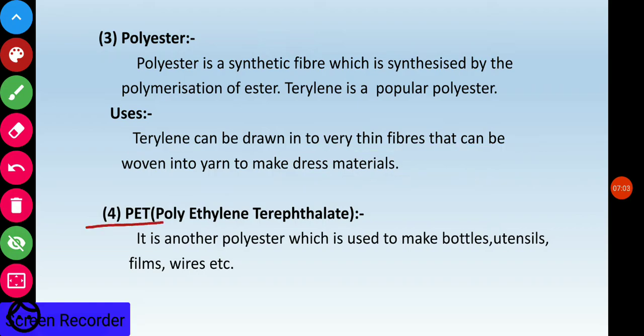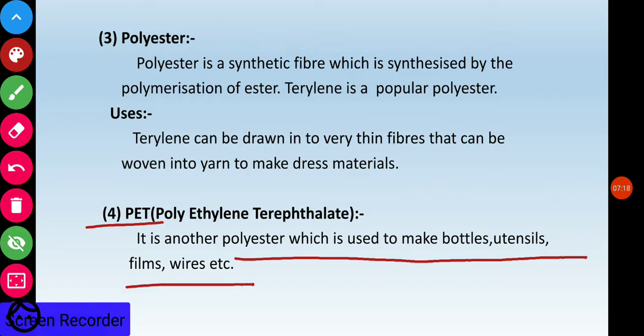Then next is PET, polyethylene terephthalate. It is another polyester which is used to make bottles, utensils, films, wires, etc. You must have heard of the plastic bottles which are used at home by your mothers for keeping different objects, in which some of the bottles are PET bottles.